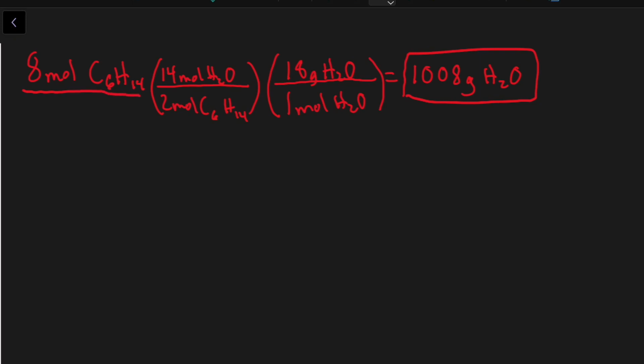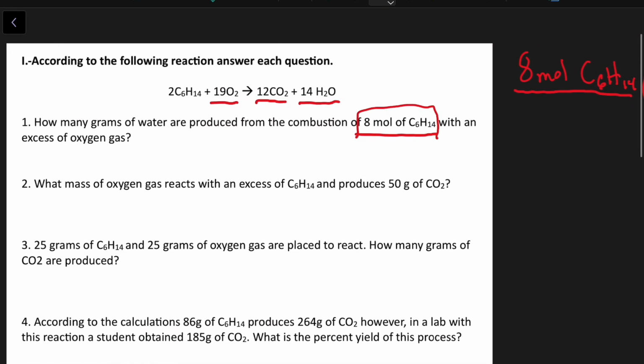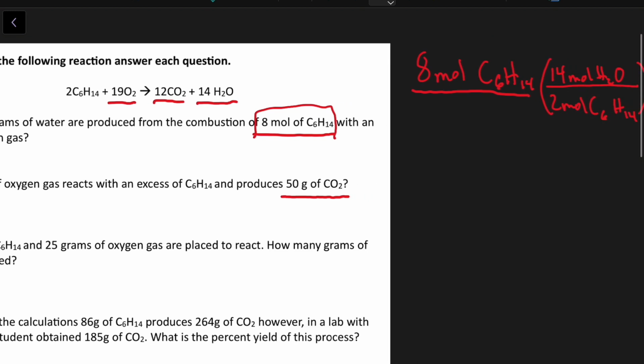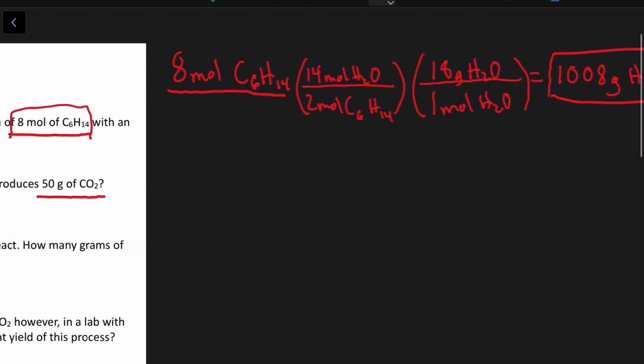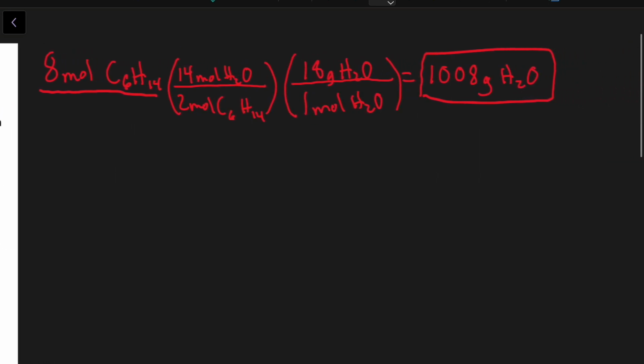So now let's go with the second part of this. The second point says, what mass of oxygen reacts with an excess of hexane and produces 50 grams of CO2? So now we're looking for the mass of oxygen that produces 50 grams of CO2. You can start with that 50 grams of CO2.